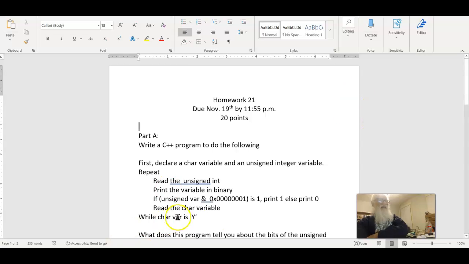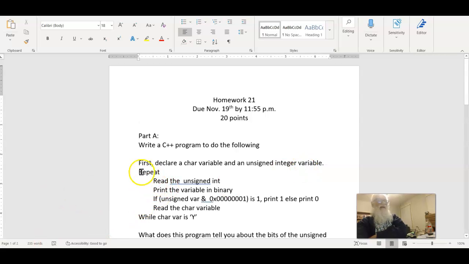Now, I wrote this out because I want to make sure that you understand what I want, since you seem to be having so much trouble with algorithms this semester. I thought I'd write it out in some detail. You're going to declare a character variable and an unsigned integer variable. That means unsigned int.